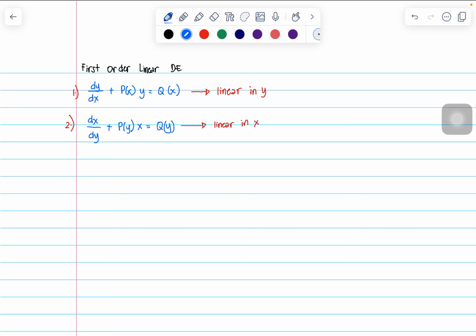Now if you have these two equations, then we have to follow this formula.